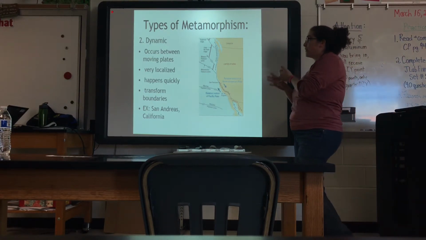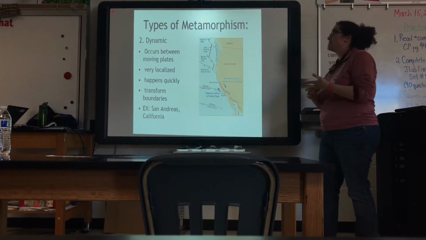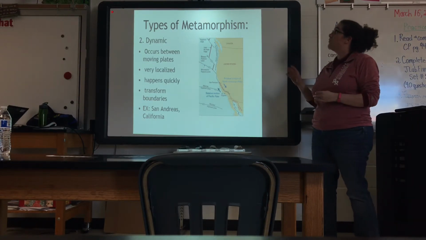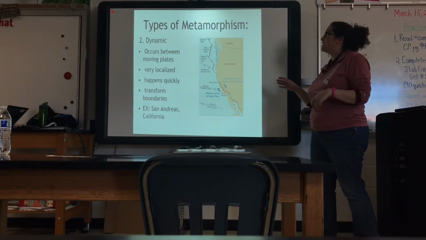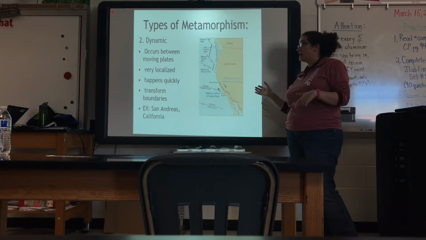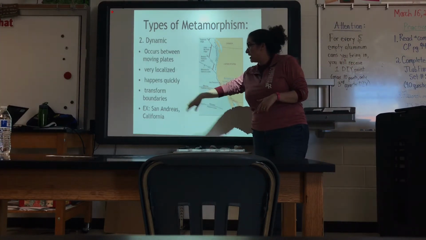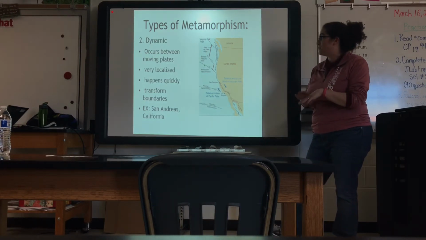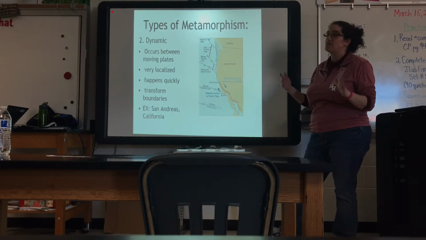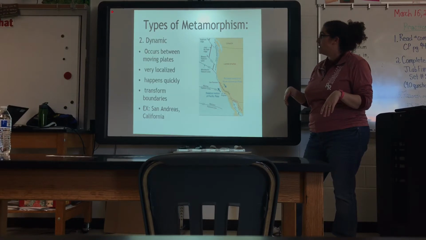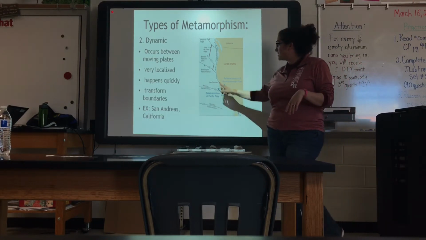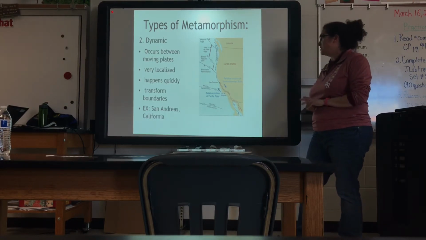The heat and the pressure from that can create metamorphic rocks. Now I only have one slide on this because there's not a lot of places where this is going to happen, and it happens very quickly, okay, as the plates are sliding past each other relative to other types of metamorphic rocks. So in the United States, you can find this along the San Andreas Fault in California.